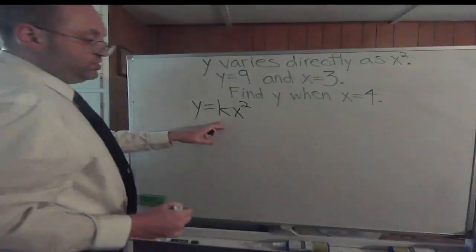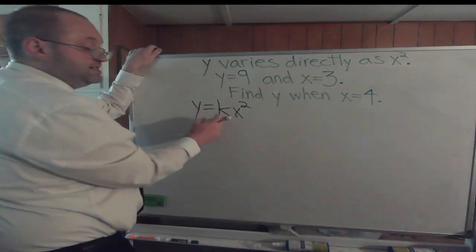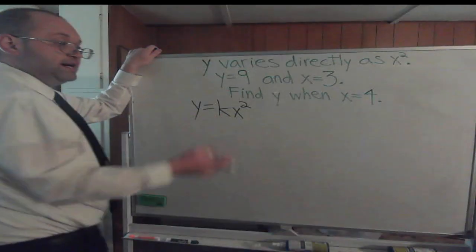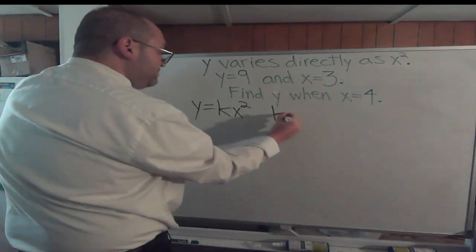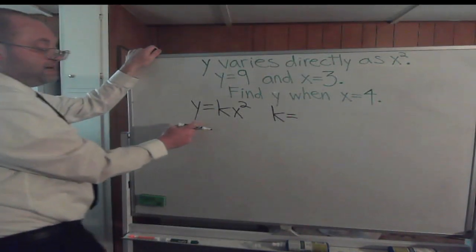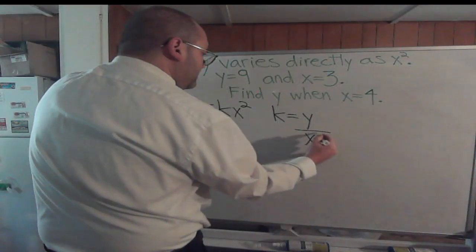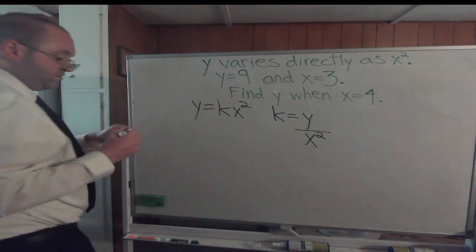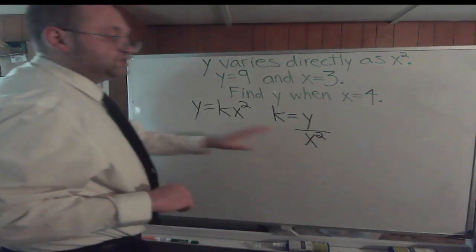That's the equation we set up. But again, first thing we want to do is figure out the constant of variation. We want to get that k by itself, so we have to divide the right side by x squared. If we do that, we get k by itself. But we also have to divide the left side by x squared. If you do that, you'll get y over x squared. So the equation for the constant of variation, k, is equal to y over x squared.